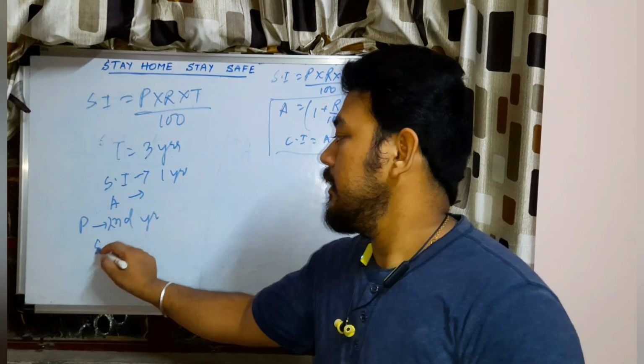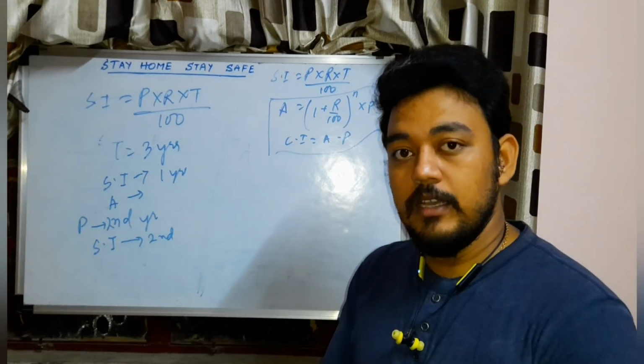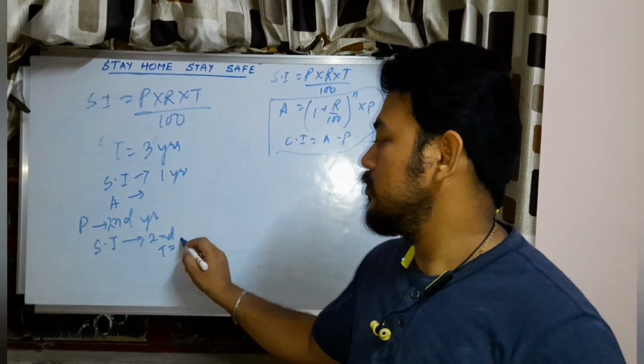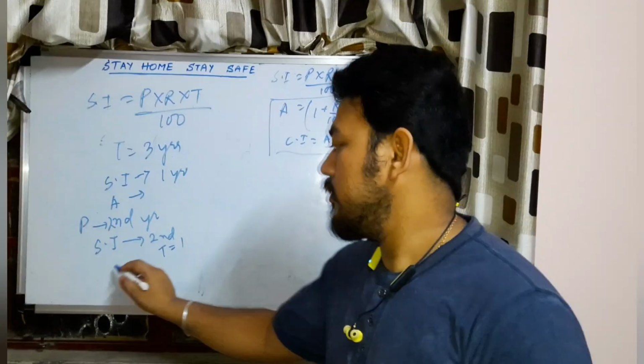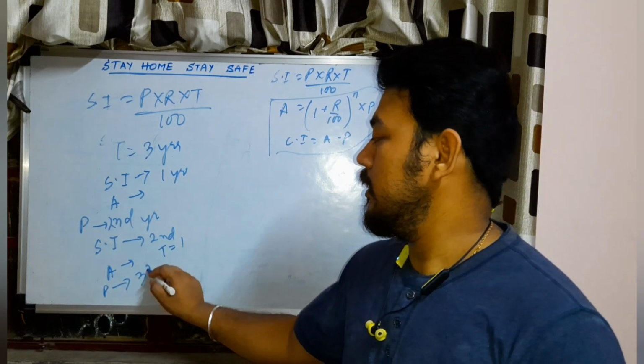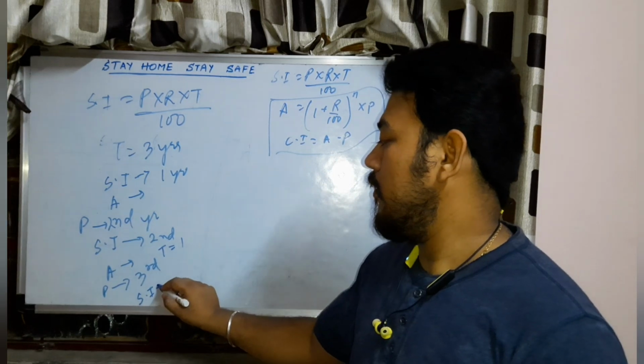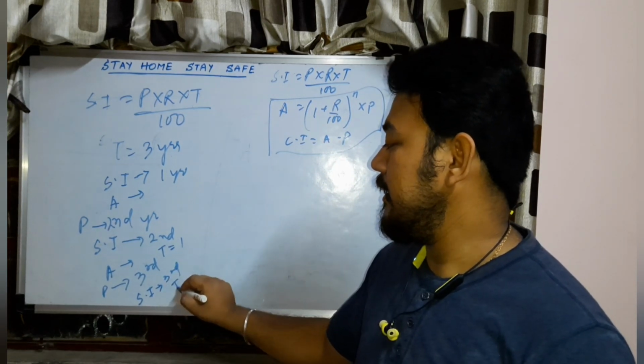And then I will find the SI for the second year by again taking time equals to 1, and the amount I get will be the principal for the third year, and again I will find SI of the third year by taking time as 1.